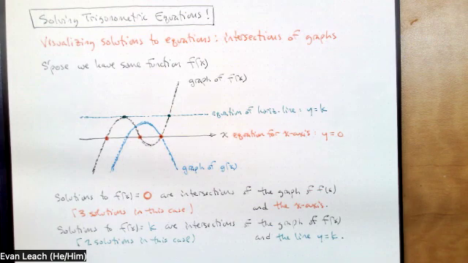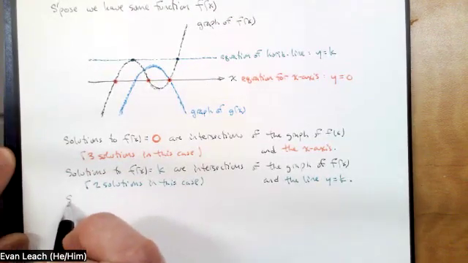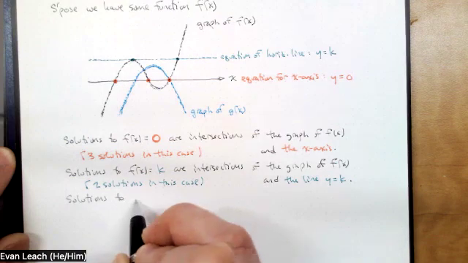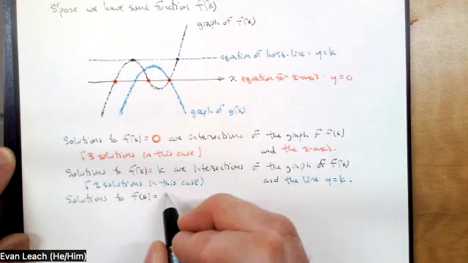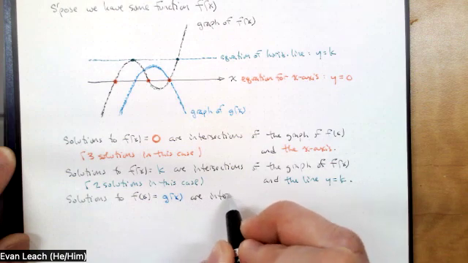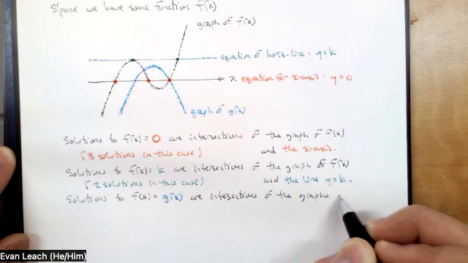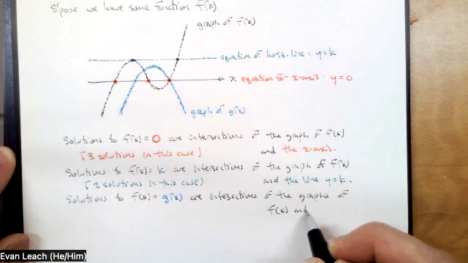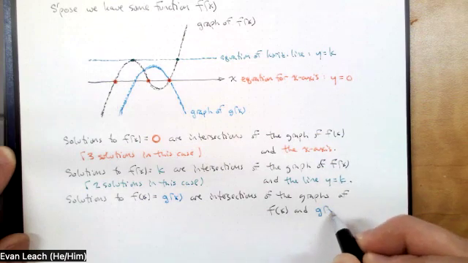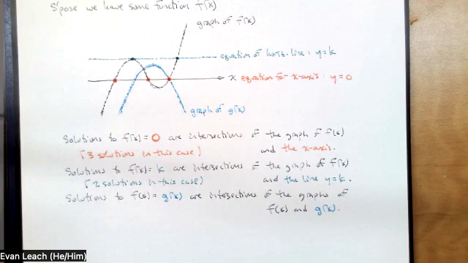If we're looking for solutions to the equation f of x equals g of x, we can just see where the graphs of f of x and g of x cross. So it looks like in this case, we'll see 2.